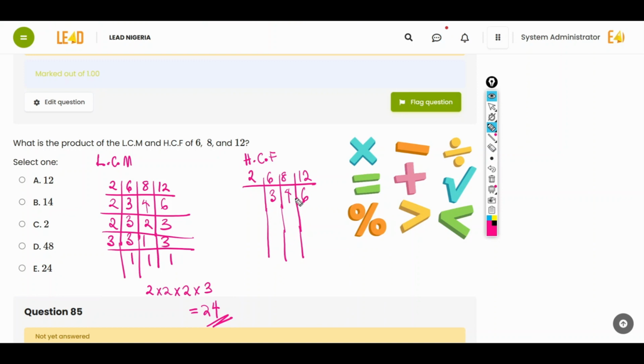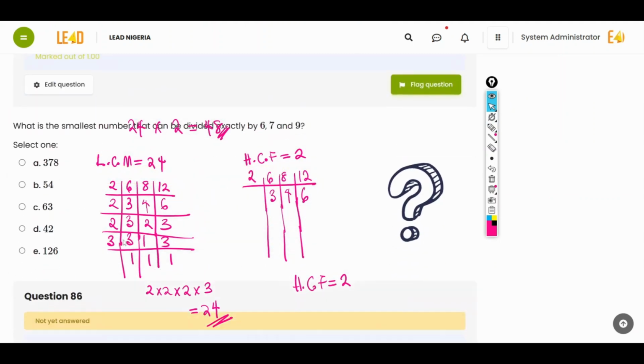So our HCF is just 2. All right, so HCF is 2 and the LCM was 24. What's the product? If we go back to the question, we just need to do 24 times 2, which is 48.